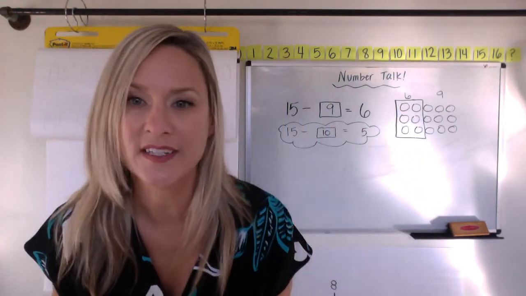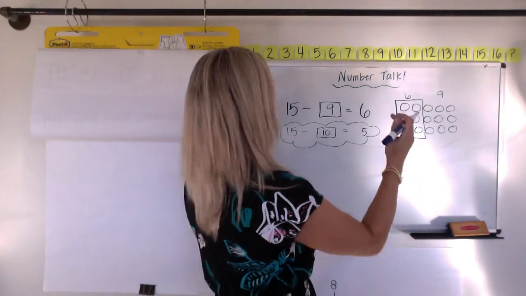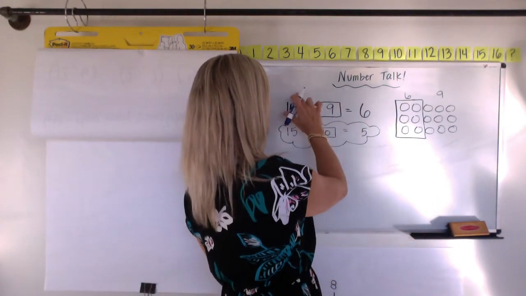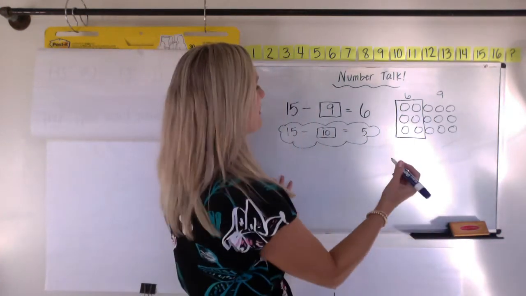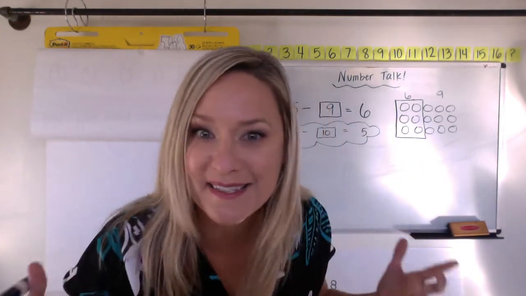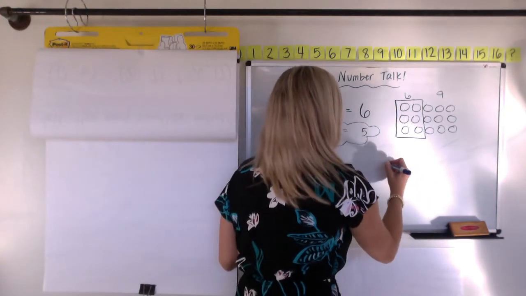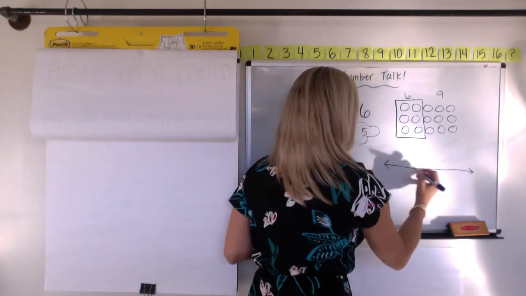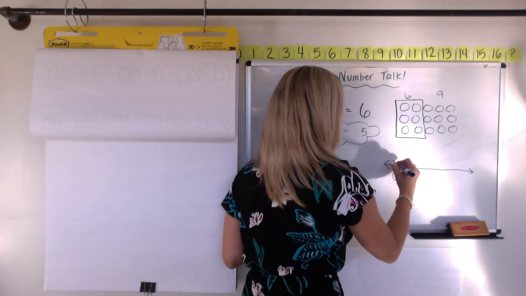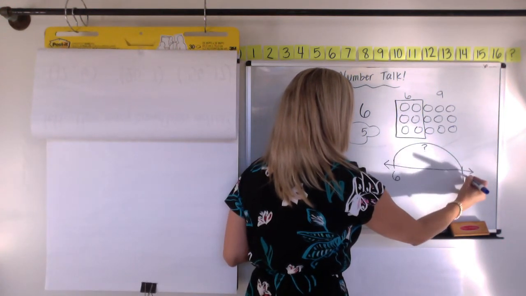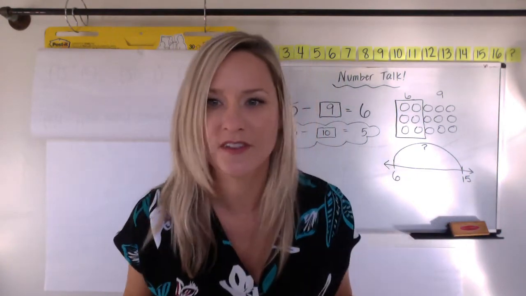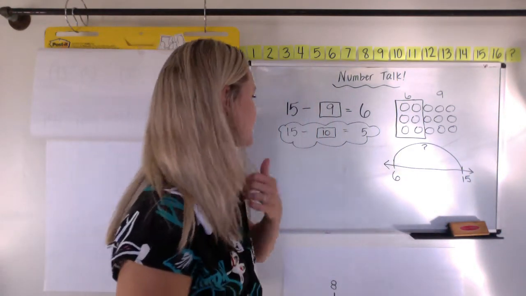Or maybe you actually decided to do 6 plus what would make 15. Maybe you thought about a fact family. Oh my goodness, you guys, there are so many things you could have done. Okay, so let's see. Did anyone do that? Think about 6 plus what would make 15. You could do that too. Let's try it out.